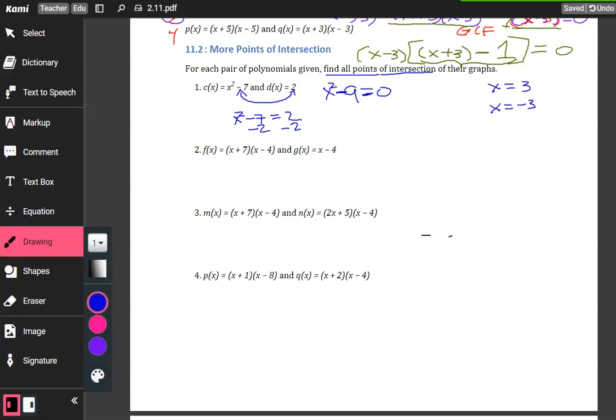Say you don't like the mental math here. Another thing you could do is factor. This is a difference of squares. You should recognize that this is a difference of squares. So if you factor it, x squared is a perfect square, so you put x times x. There is a subtraction sign, and the 9 is a perfect square, so you're going to put 3 and 3.